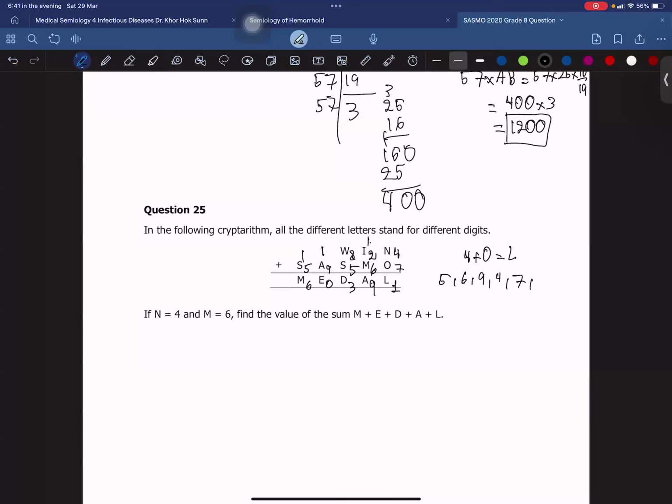Yeah, we have it as 3, so it's gonna be 0. So what do we need in the middle? 6 plus 3 plus 9 plus 1, which is 19, our answer.